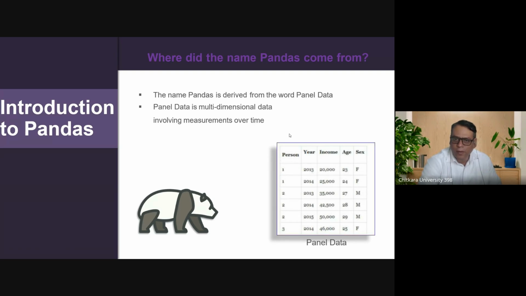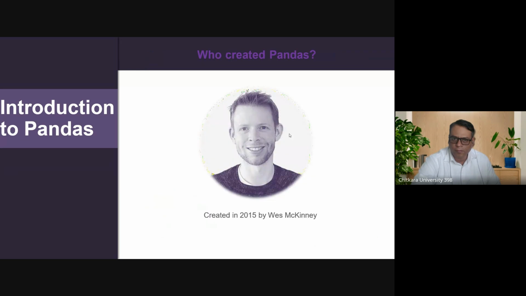So where did the name Pandas come from? The name Pandas is derived from the word panel data. Panel data is multidimensional data involving measurements over time. So who created Pandas? Created in 2008 by Wes McKinney.